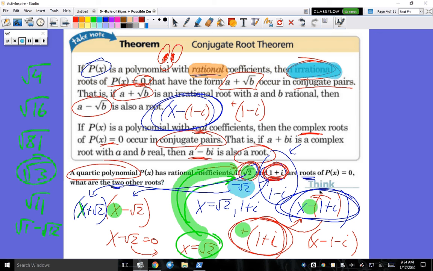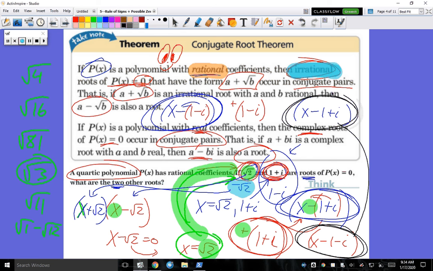Would that one be positive instead? And if I distribute it, it would be x minus 1 plus I. So you could look at them either like this, or what I think you should look at it as, it's easier, is x minus one of them, or x minus the other one.